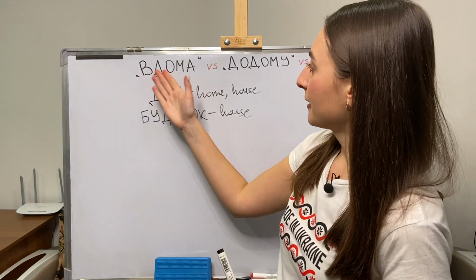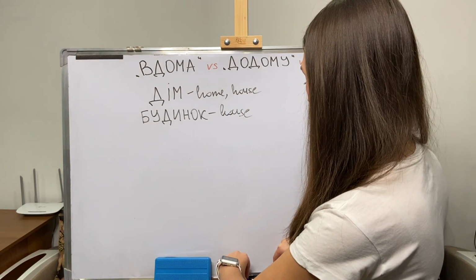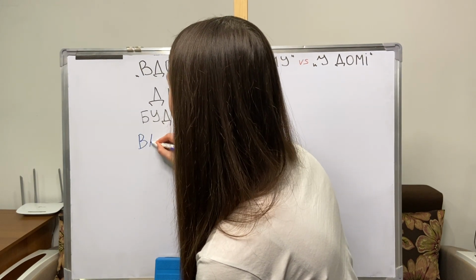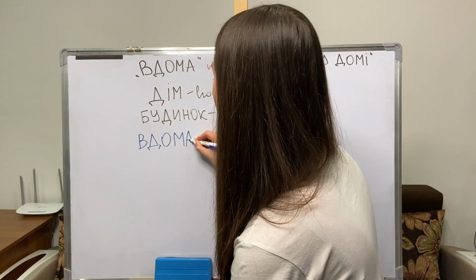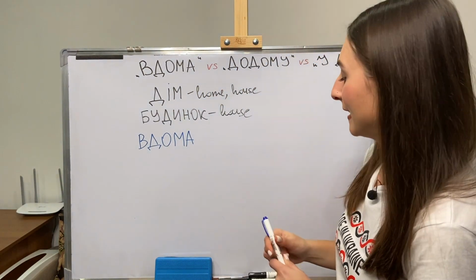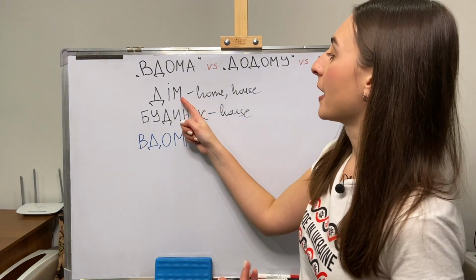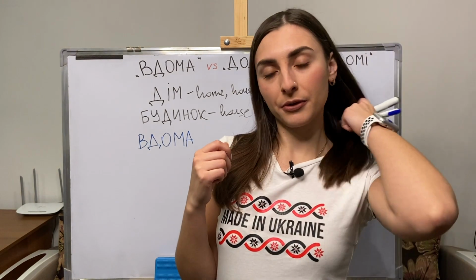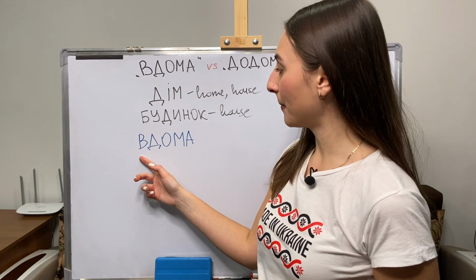Okay, so let's take a look at the first word, ВДОМА. So what does it mean? ВДОМА is an adverb. It comes from the noun дім, and you can see that we used a preposition в, ВДОМА.